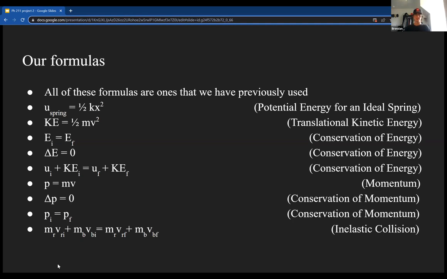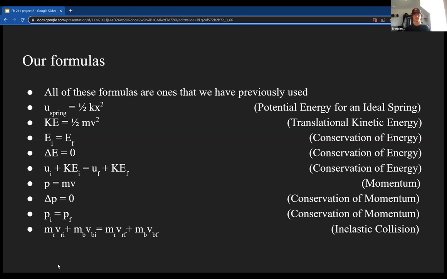Then we'll be using the conservation of energy formulas. The first one is the energy initial should equal the energy final. That also means that the change in energy should be equal to 0. And it also looks like potential energy initial plus kinetic energy initial equals potential energy final plus kinetic energy final.